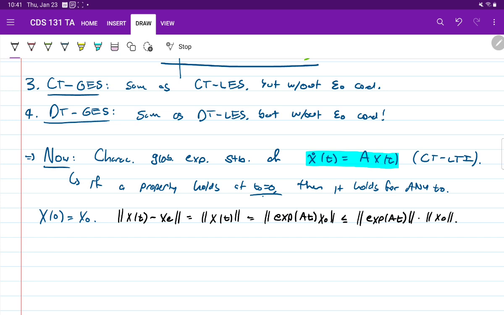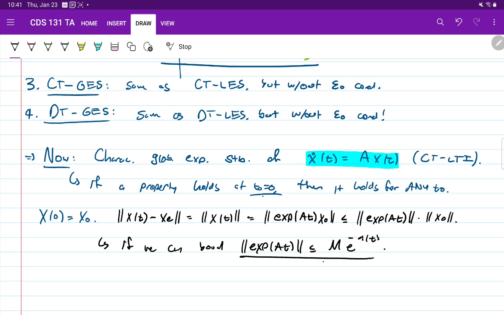All right? So from this very basic bound, what we see is that if we can bound the norm of e to the A t by less than or equal to m e to the minus alpha t, then we'll get the conditions for global exponential stability. Because we already have this nice direct multiplication by x naught hanging out here.